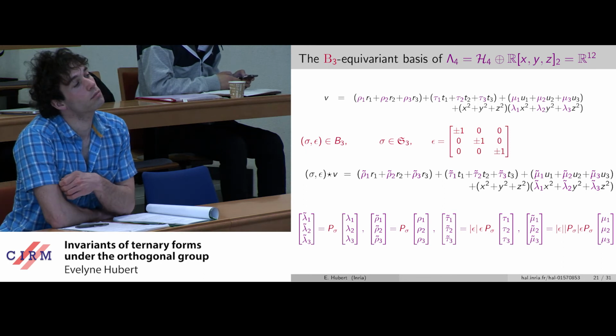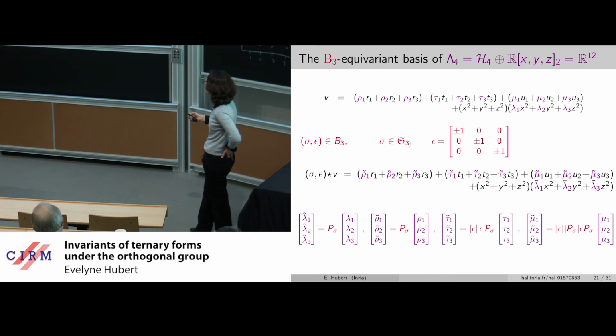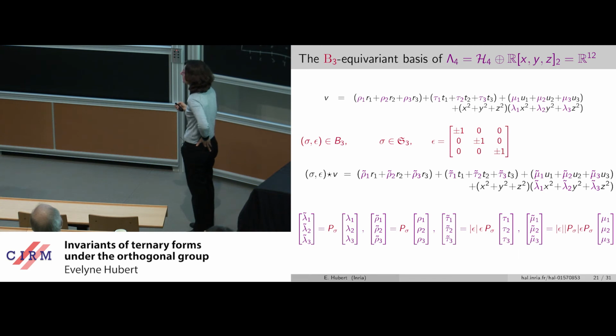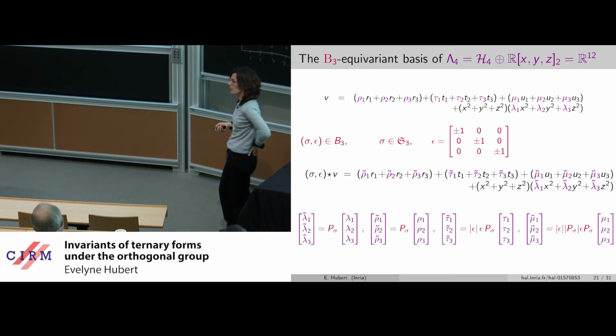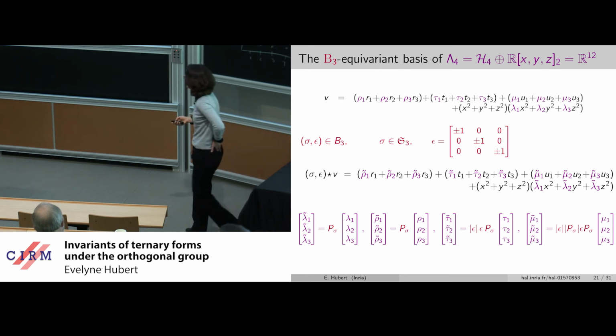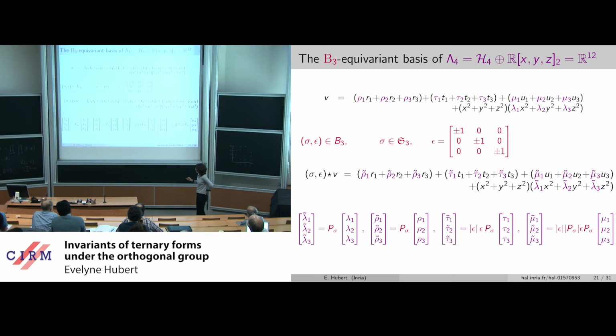So lambda is just changed by permutation. Same thing for rho. Now tau is changed with a sign change, a bit different, and mu is changed not only by a permutation and a sign change, but also here comes the signature, the sign of the permutation. How do you say, signature or sign? The signum of the permutation comes in here. So we are looking for invariants of B3 for this action.